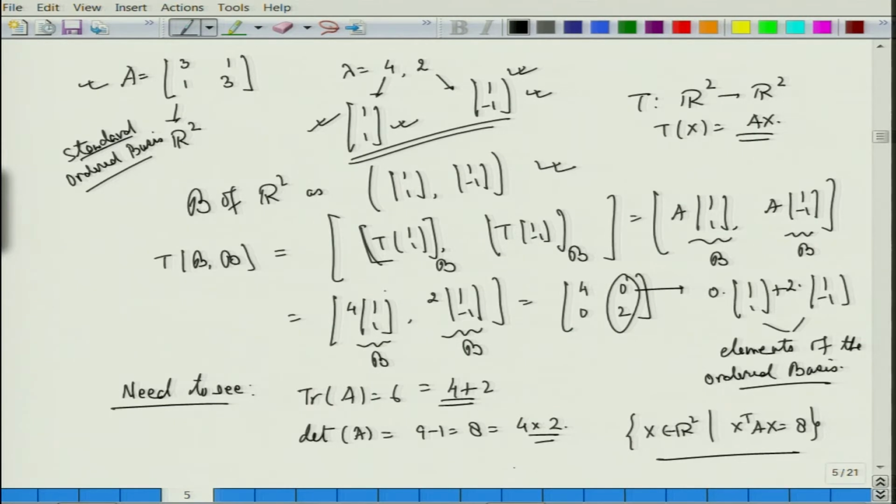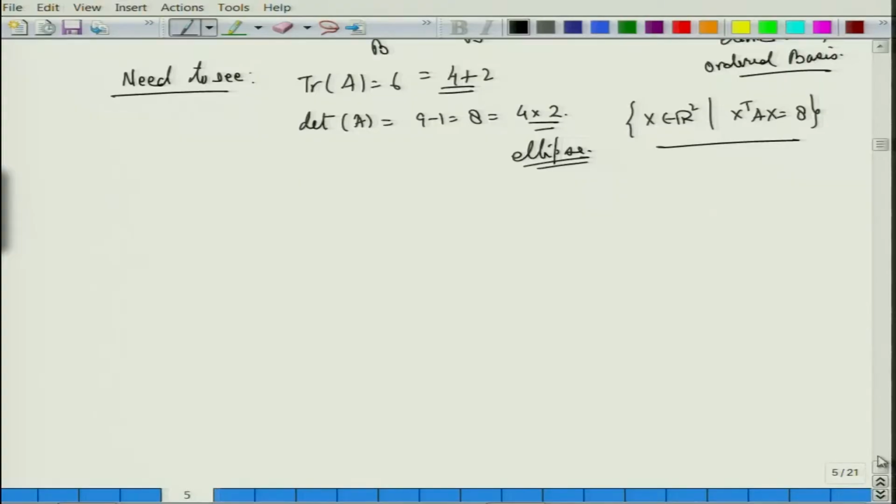So, this gave me an ellipse, and the minor and major axes of this ellipse came from these two vectors (1, 1) and (1, -1). So, it gave me one of the axes as x plus y is 0, and the other as x minus y is 0. So, the question is, is it just a chance factor or is there some theory which gives you all these things? Fine. So, let us look at another example, example 2.